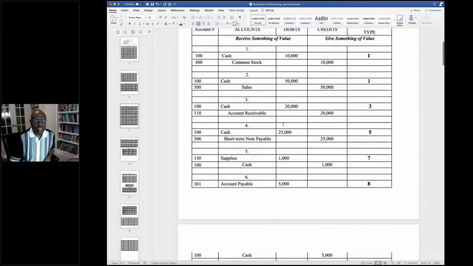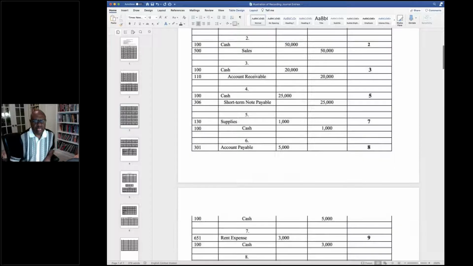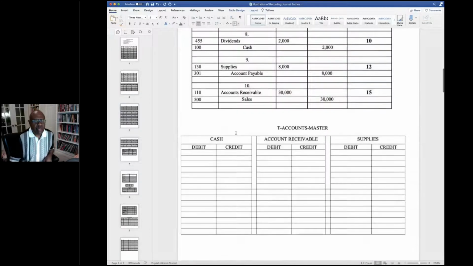So the first one is where we invested the $10,000 to start the company. And so we're going to go to the T account for cash, and we're going to put in $10,000. Then I'm going to put a parentheses 1 to indicate that this is coming from that first journal entry. It's on the debit side.